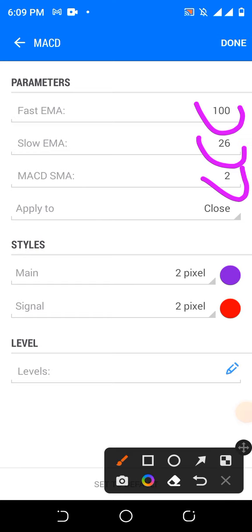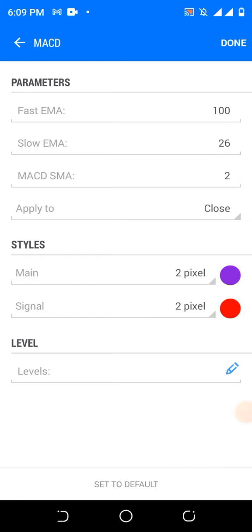You should apply it to close. Now when you come to the style, for main you choose a color of your choice, while for the signal you choose a color of your choice. That is all you need to set up the MACD indicator for Crash 500 Index.